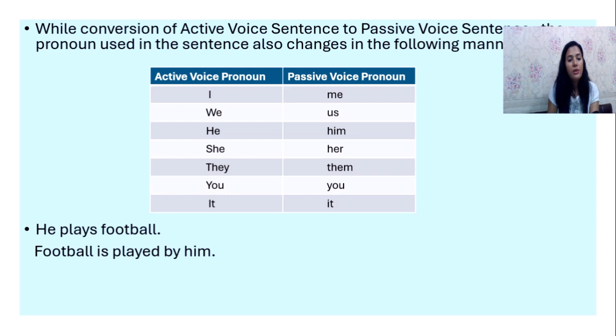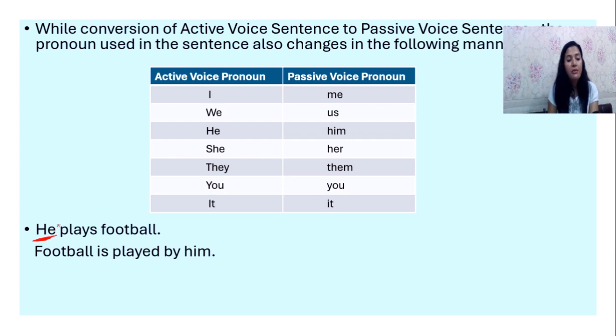For example, in active voice, there is a word he. It is a pronoun, and this is in the subjective form. Why is it in the subjective form? Because it functions here as the subject of the sentence.